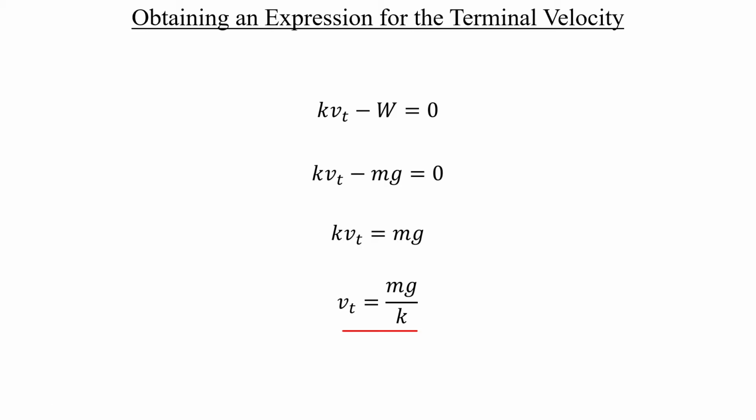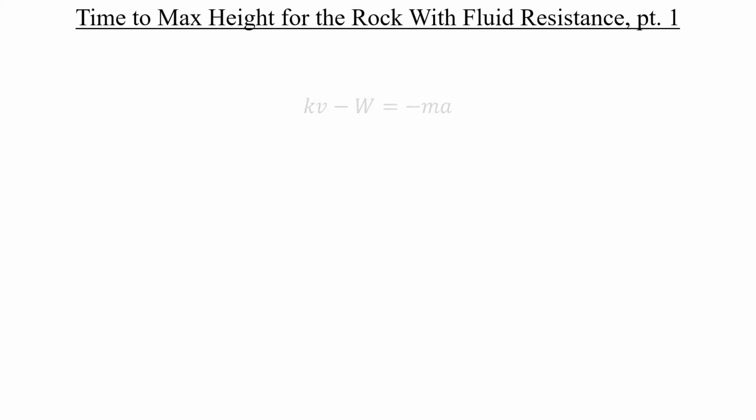In part A, we started solving for the height first, and then we did the time second. But for part B, we're going to start with solving for the time first instead, since we're going to need that in order to get the height. Our sum of forces expression is up here at the top, with the normal variable v back in its spot.